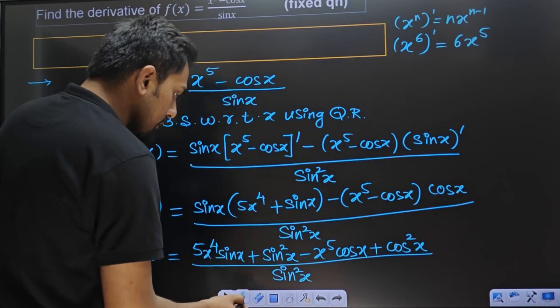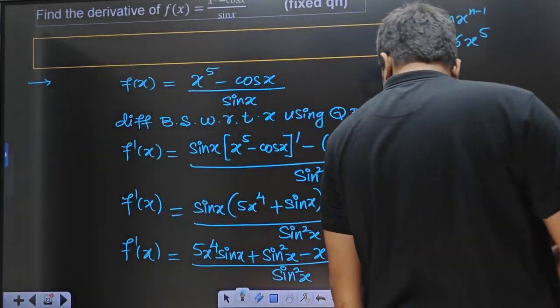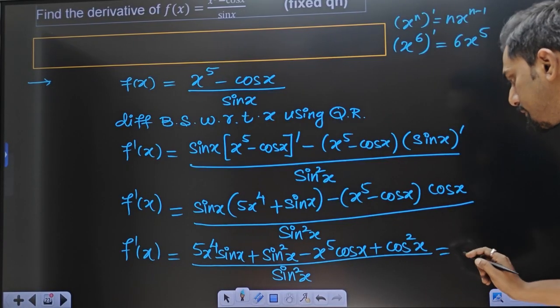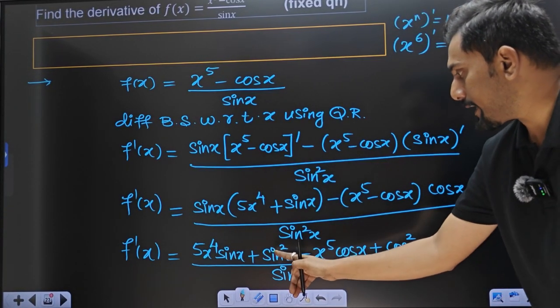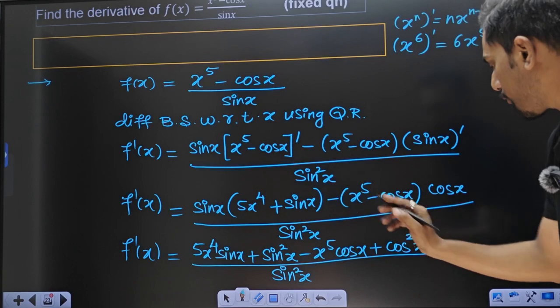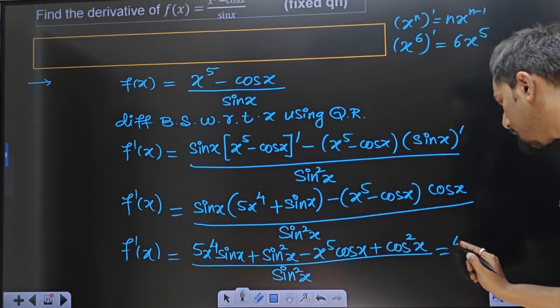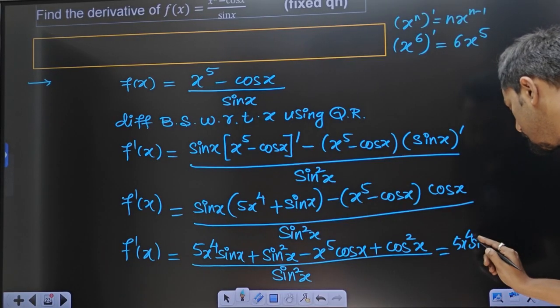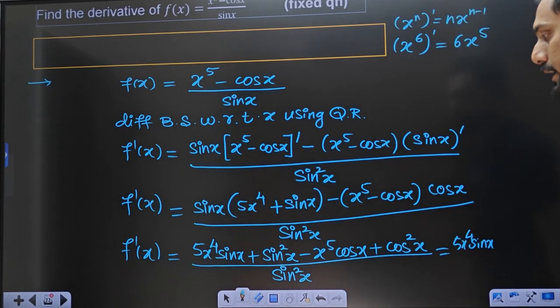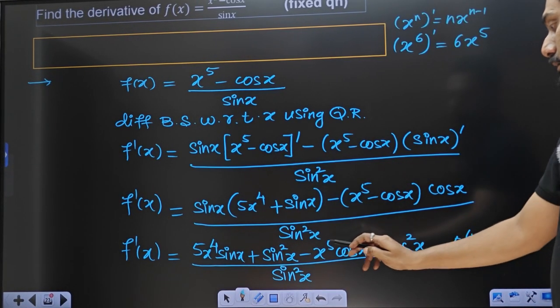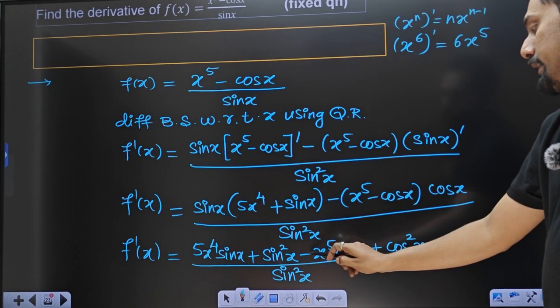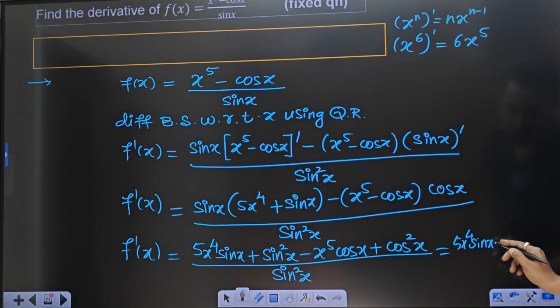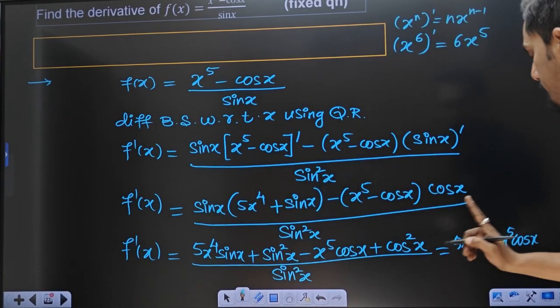Okay, and the last step is, see, this cos square x plus sin square x becomes 1. So for that reason f dash of x becomes 5x⁴ sin x minus x⁴ cos x, and cos square x plus sin square x becomes 1.